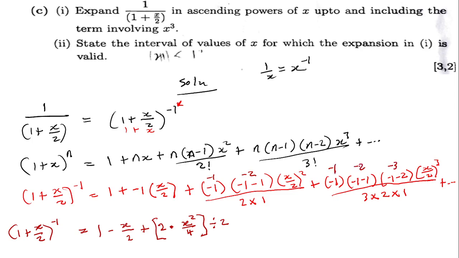So negative times negative 2 is positive 2, times negative 3 gives negative 6. So you're going to have plus negative 6, which we are multiplying by x cubed over 2 cubed, which is simply 8, and then this whole expression we are dividing by 2 times 3, which is simply 6, plus like that.